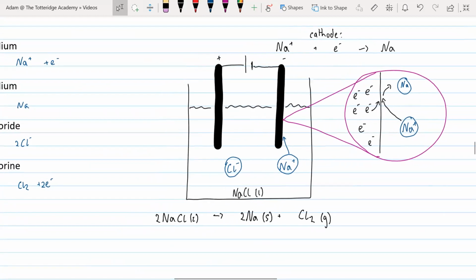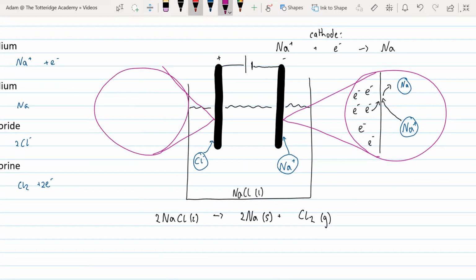Now, what happens at the other side? So at the other side, I'm going to draw my chloride just over here. It can go to either side. I'll just make it clearer what I'm trying to do. It'll go like that. And again, we'll explode this. My bad. We'll explode this to zoom in and see what's going on. Like so. Again, we've got the electrode and we've got the Cl minus.